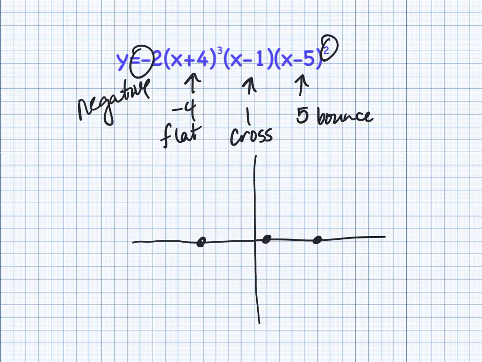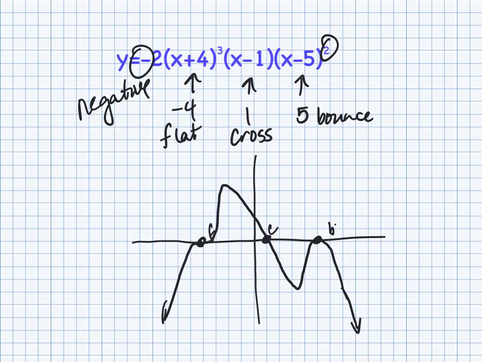So since I know my end direction is down, I'm going to start from the end. At the x minus 5, that one's a bounce. 1 is a cross. That one is a flat. So I'm going to bounce here, turn around back up to cross. Whoops, that part was kind of ugly. Let's try that again. So bounce, come back up to cross, got to turn it around again, and then I have to make it go flat and go down.